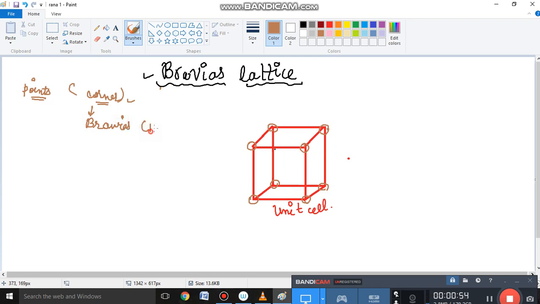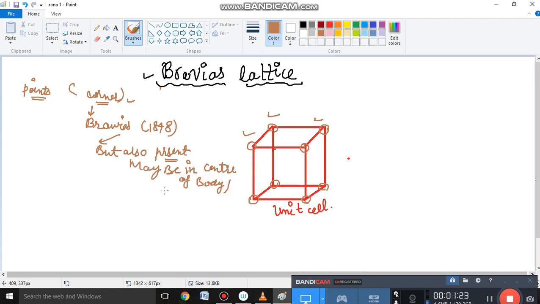the year 1848, and what he discovered was that in the unit cells the particles were present not only at the corners, मतलब corners पे तो होंगे, but also present maybe in the center of the body of the unit cell, or maybe in the center of each face of the unit cell.